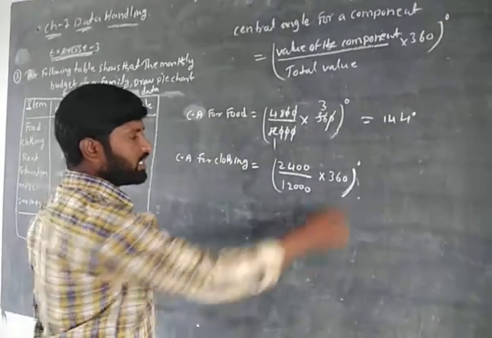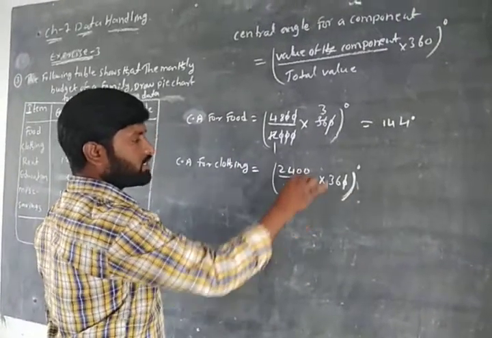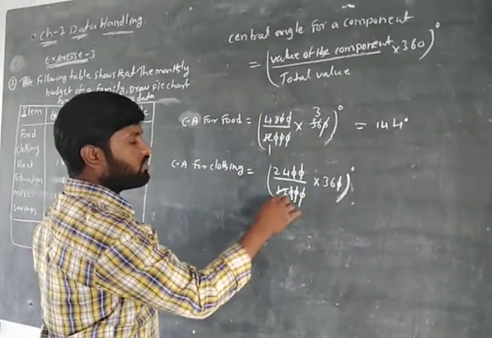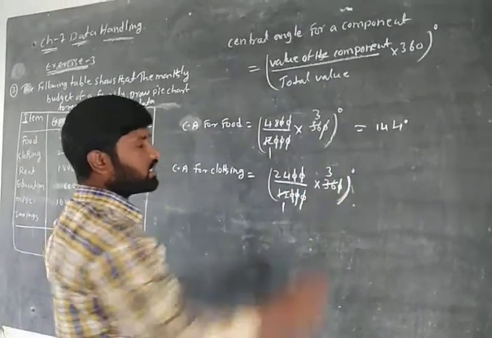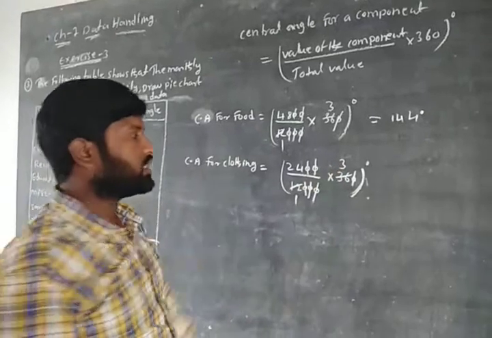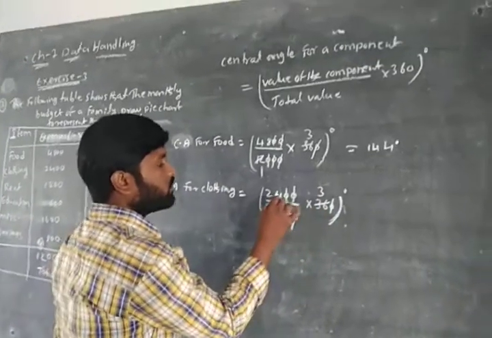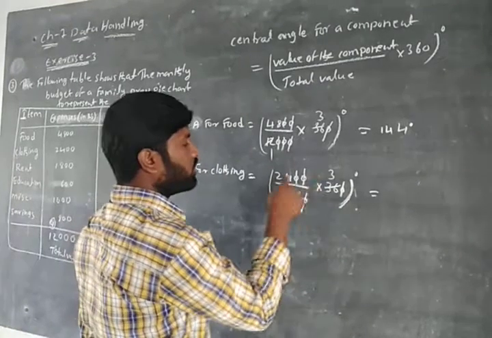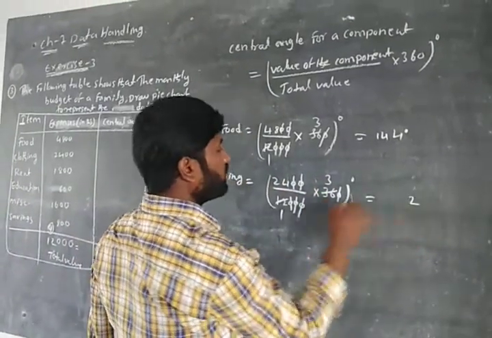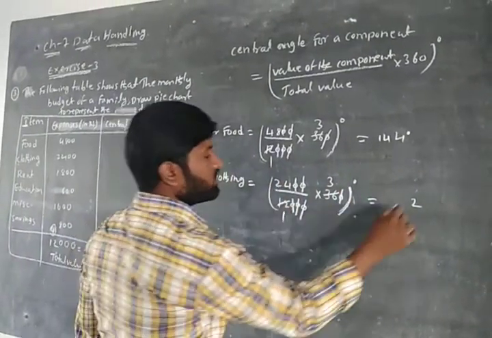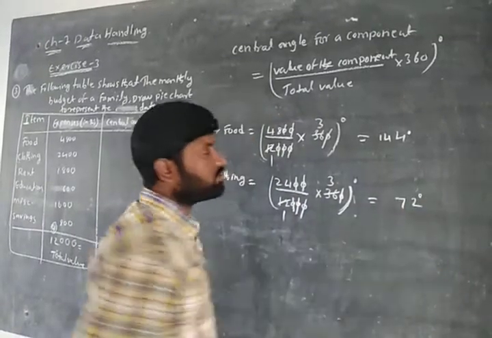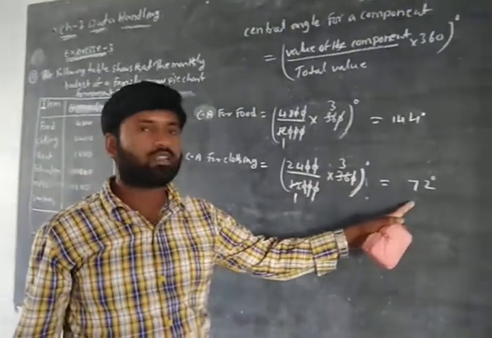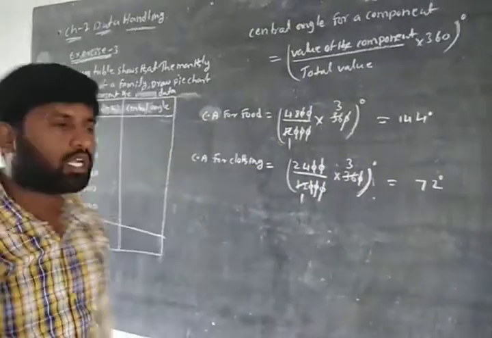As usual, the zeros cancel. Now 12 ones are 12, 12 threes are 36. Now 24 into 3: 3 4s are 12, 3 2s are 6 plus 1 is 7. We will get 72 degrees. So the central angle for clothing is 72 degrees.